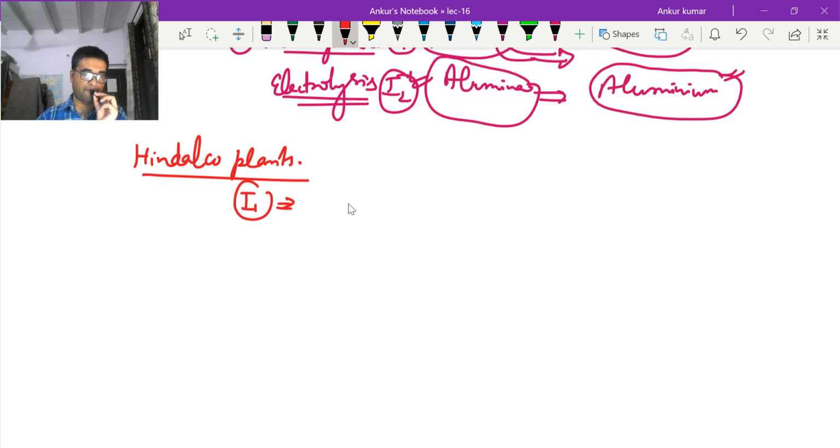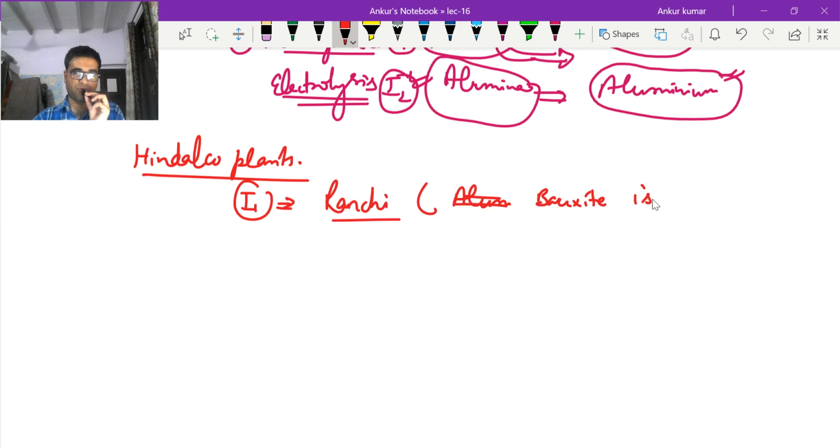It happens near Ranchi, and for this bauxite is sourced from Lohardaga mines, right?